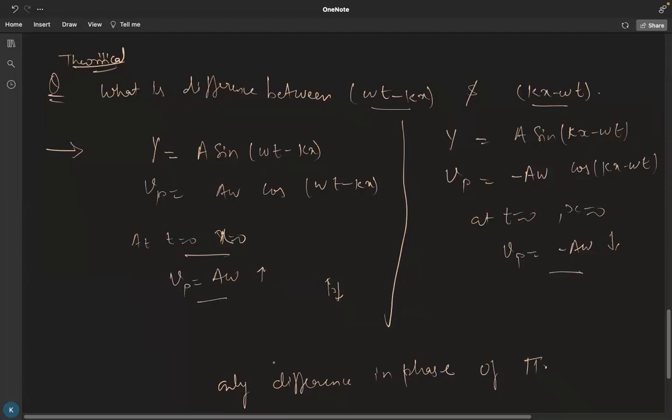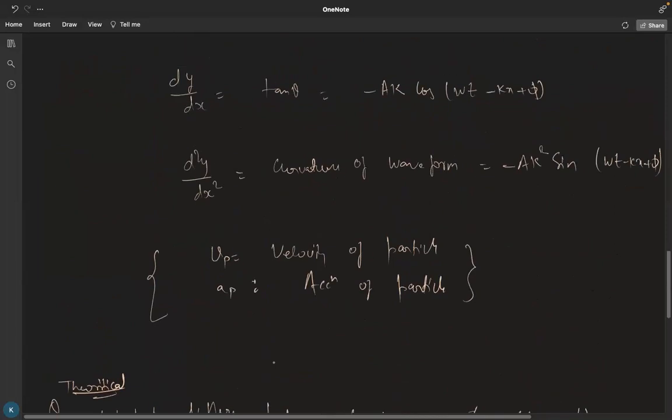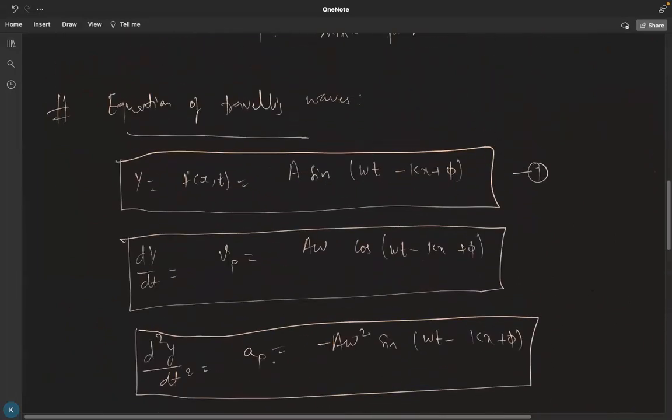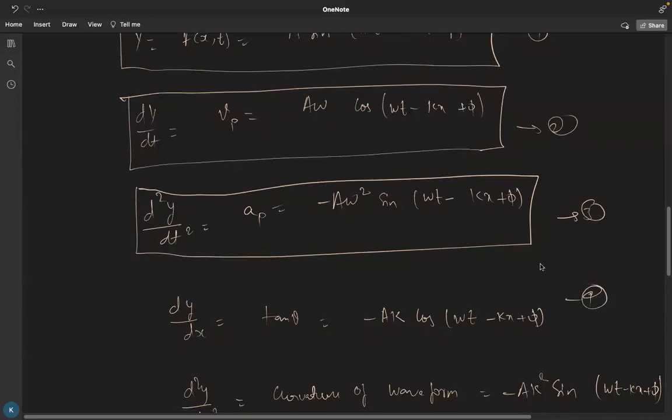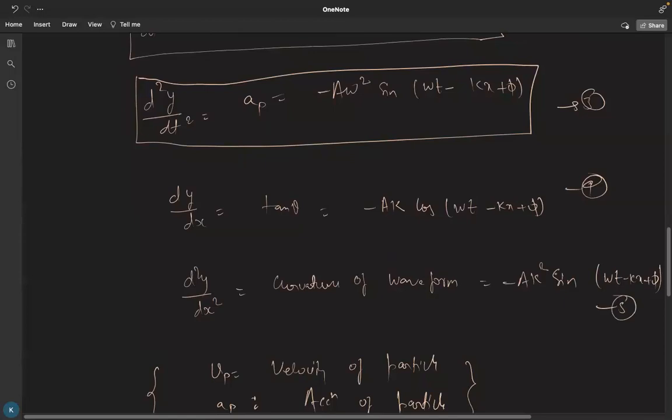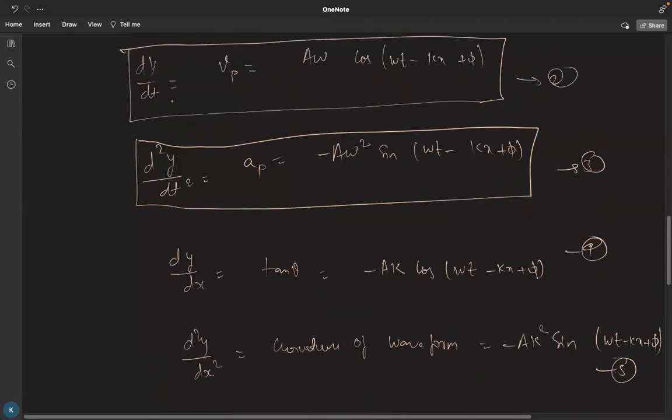Now we are going to derive some equations by dividing the above-mentioned equations. Like here we have derived 4 or 5 equations. So this is 1, this is 2, this is 3, this is 4, and this is equation number 5. So these 5 equations that we have derived, what if I divide dy by dt and dx by dt and dy by dx?